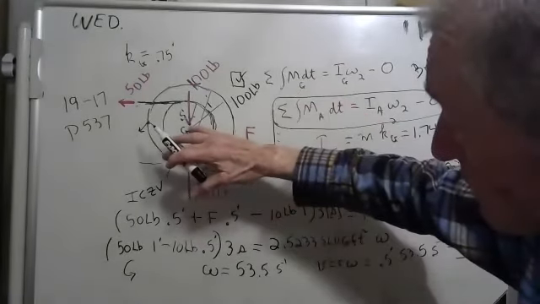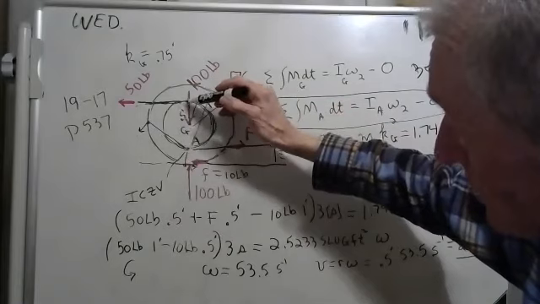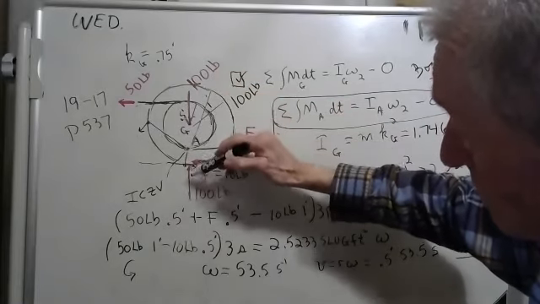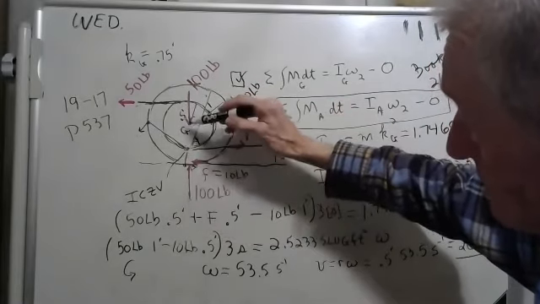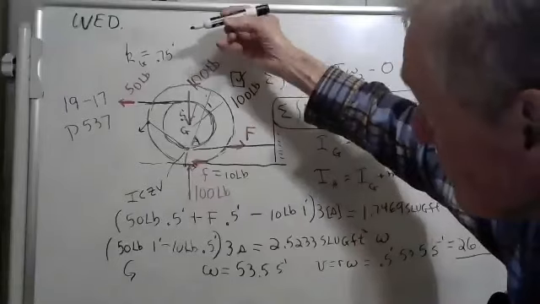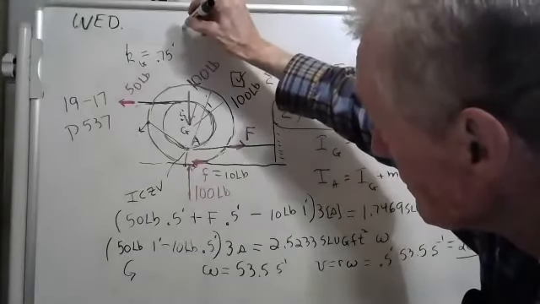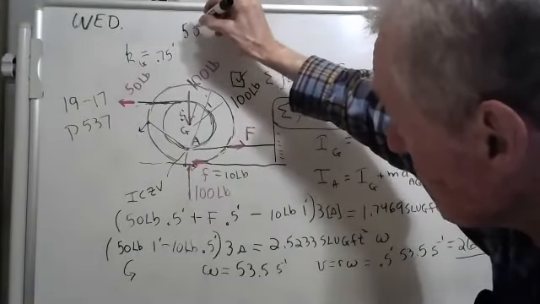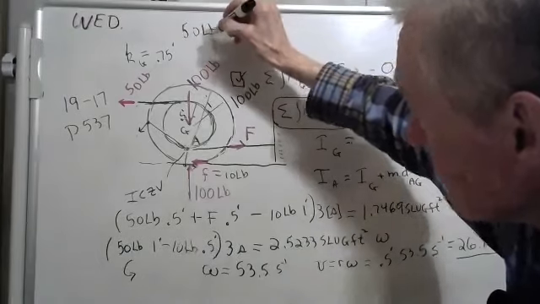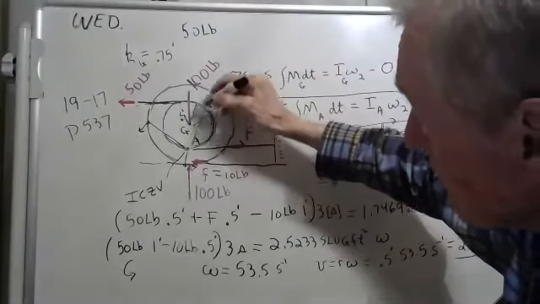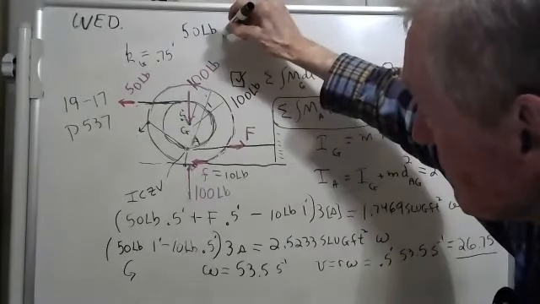Okay, well, G's here. That 100 pounds doesn't give you a moment. Neither does that 100 pounds. But the 50 does. This time I'm going to remember my time. We got 50 pounds times 0.5 feet.